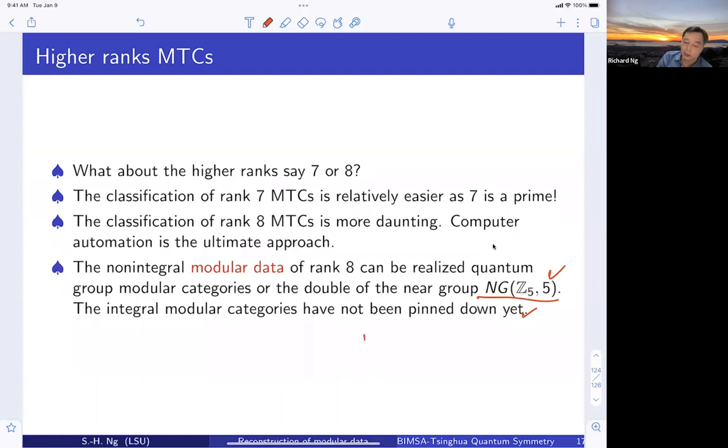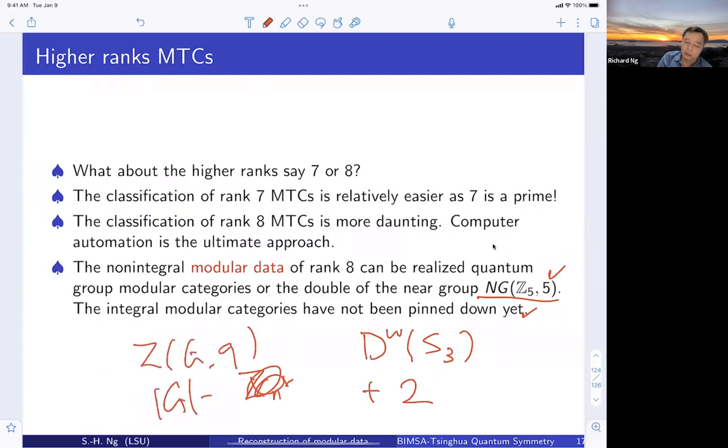For example, the omega S3 is of this kind, but there are some others, plus 2 others. They are not group theoretical, but very much like this. And the other one is like the abelian group Cn, maybe the center of G. Well, these are the candidates that we know, but we do not know whether these contribute to all of them so far. But that's what we have.